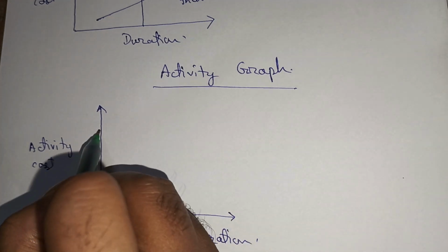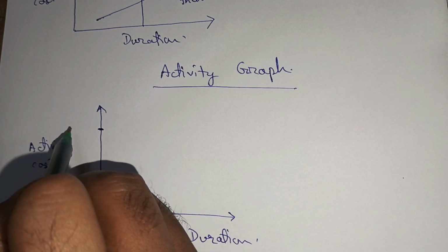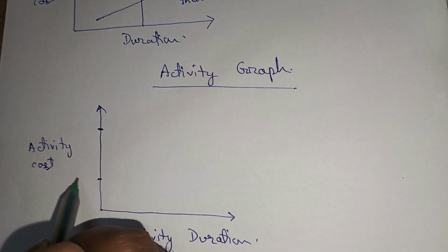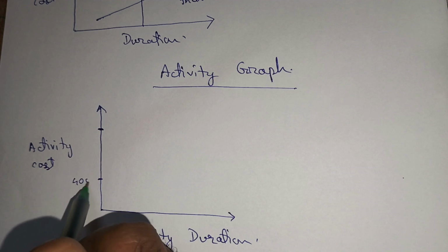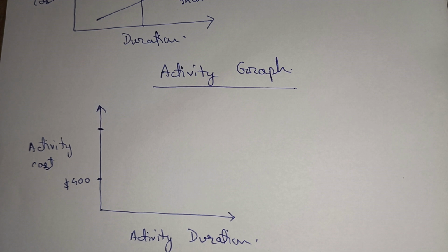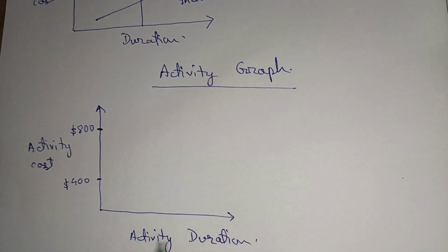And let's say there is an activity A. Okay, so the cost of normal completion of this activity is let's say $400, and if you crash that activity, meaning if you want to complete that activity in a shorter duration of time, so let's say the cost is $800. Okay, and if your two time points are, let's say, 10 days and 5 days.